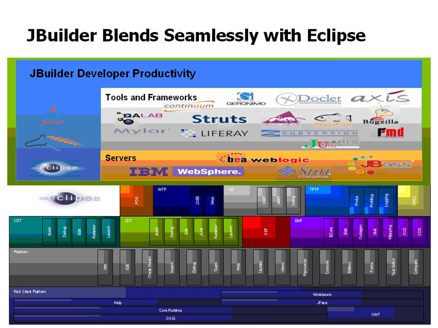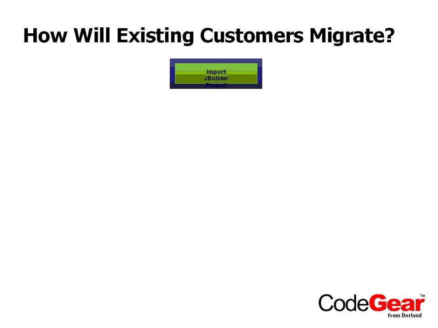As you're using JBuilder 2007, it's actually difficult to tell where Eclipse stops and where JBuilder starts. So I think we've been very successful in our approach in being able to blend the JBuilder commercial capabilities with what's available in Eclipse.